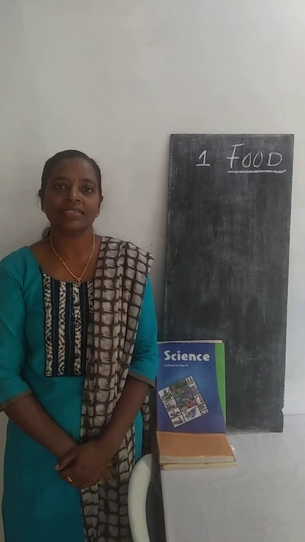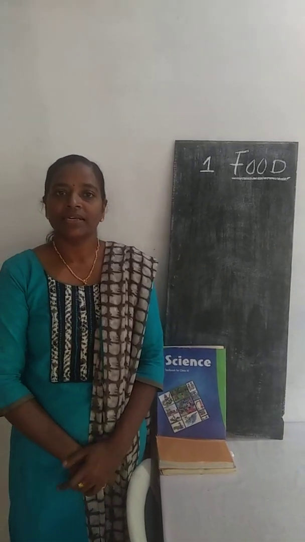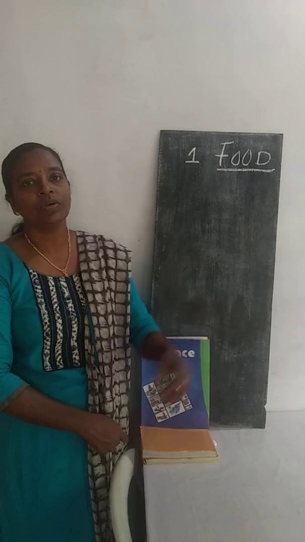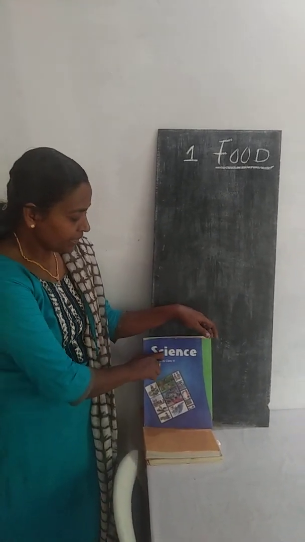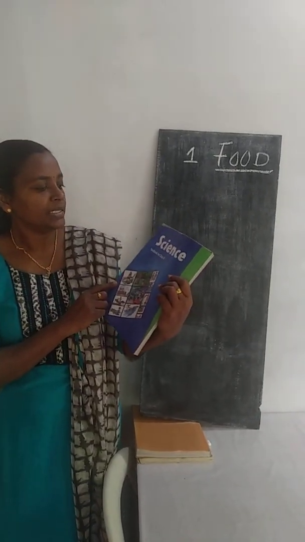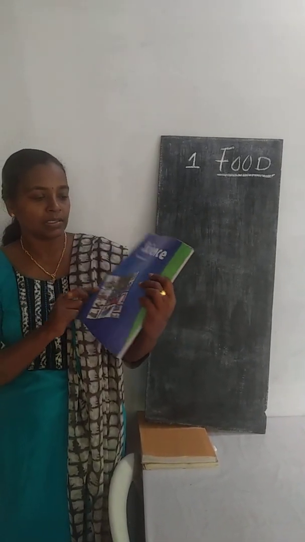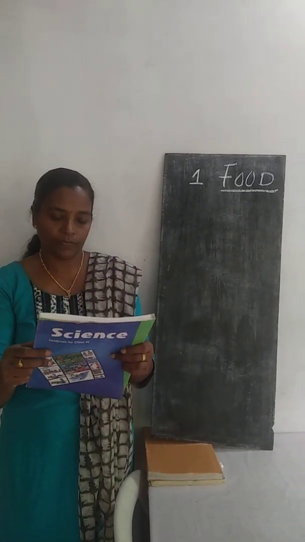This is our first class, and in this class we are going to study the first lesson, that is food and where does it come from. Let me introduce this year's textbook first. This is your science textbook for class 6, the NCERT textbook.